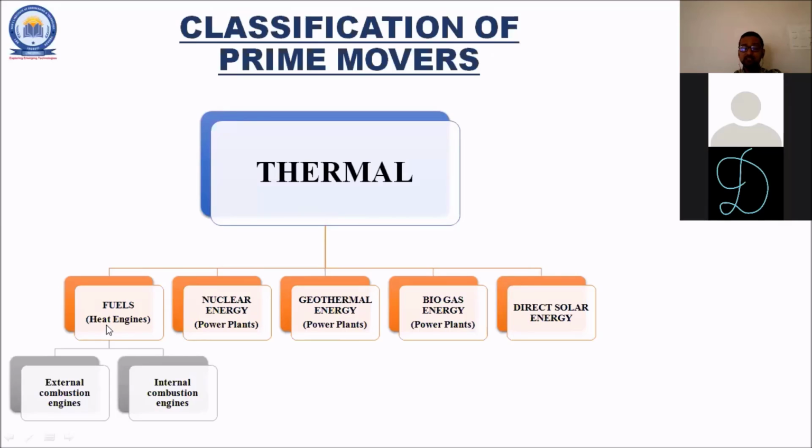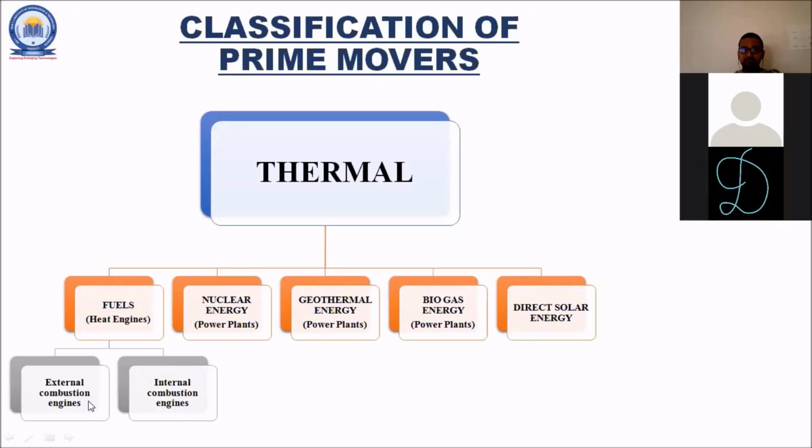In the heat engines, we are undergoing the combustion of the fuel. That means we are burning the fuels for producing the mechanical power. So on the basis of the combustion, the heat engines are further classified into two types: the external combustion engines and the internal combustion engines.